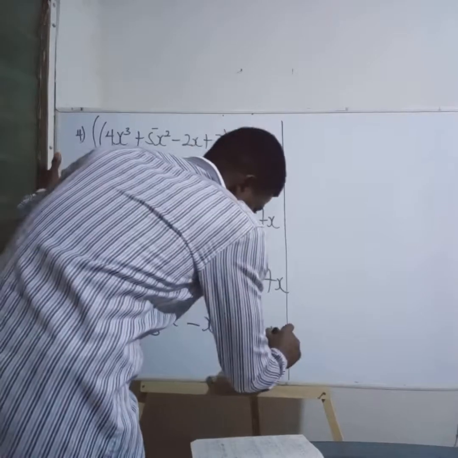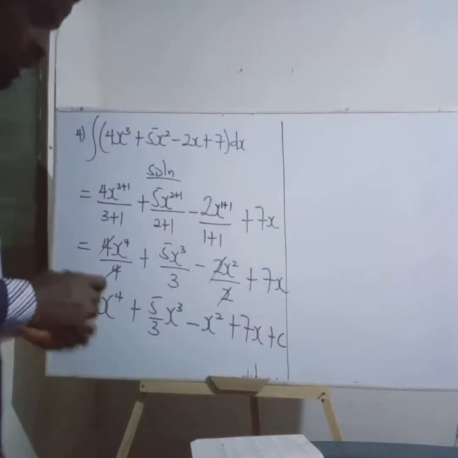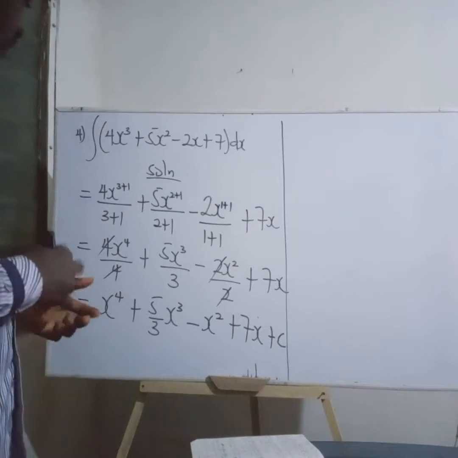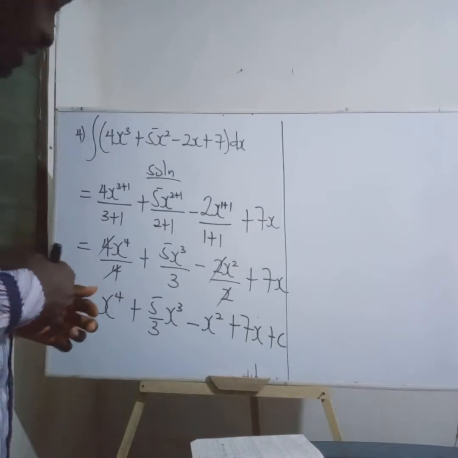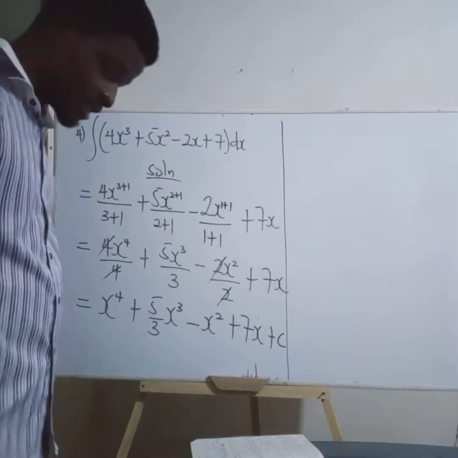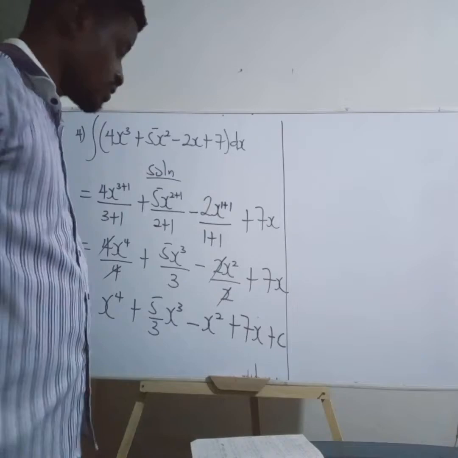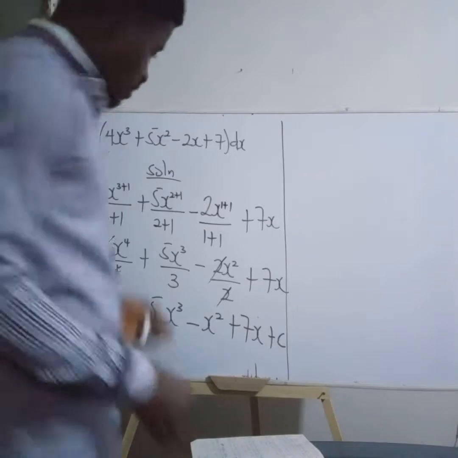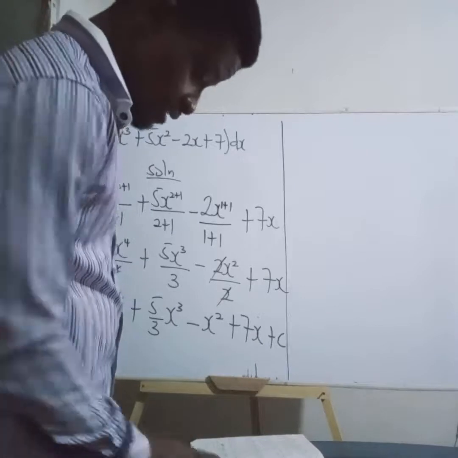Plus c. And this will be my final answer. x to the power 4 plus 5 over 3 x cube minus x squared plus 7x plus c, which is the constant of integration, because we are dealing with indefinite integrals.